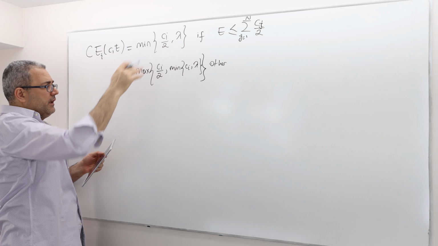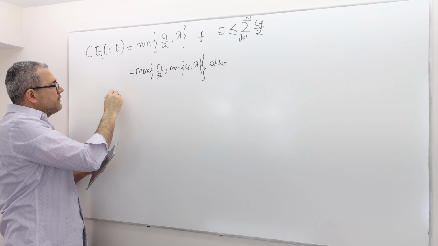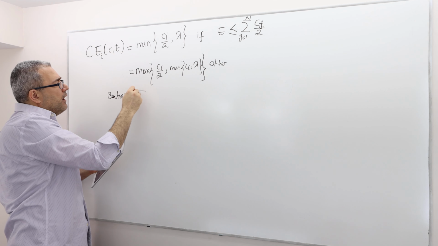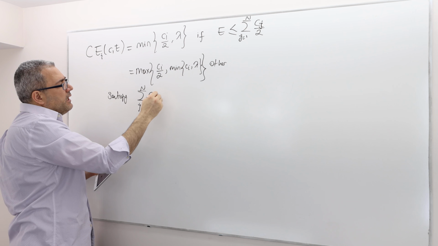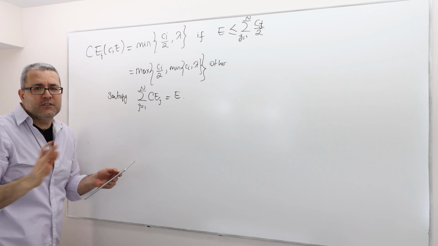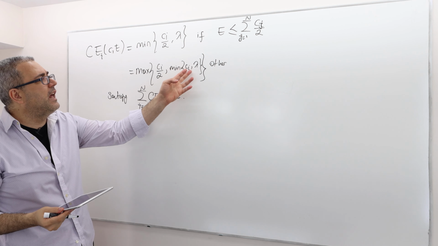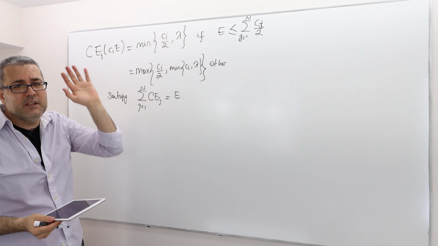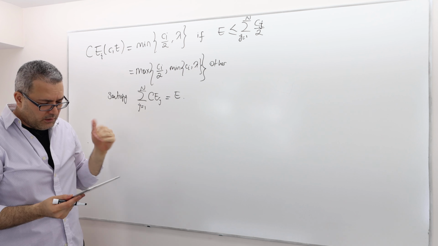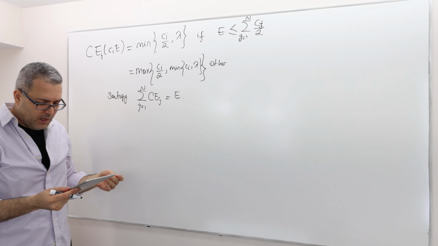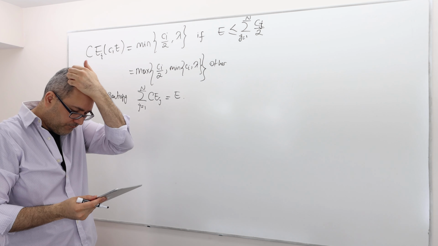But whatever it is, we have to satisfy the following. The sum over j from 1 to n of CE_j has to be equal to E, and it has to be feasible. You have to choose lambda, either in this case or in this case, such that this equality holds, because otherwise it's going to be not feasible, okay?